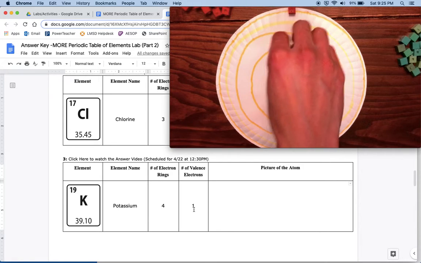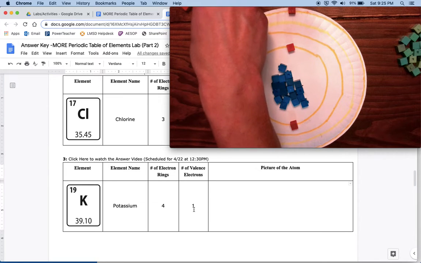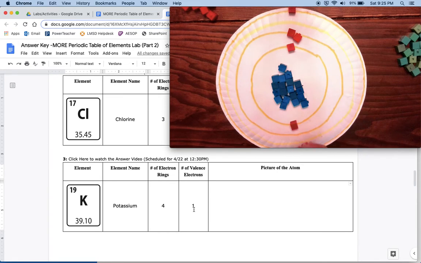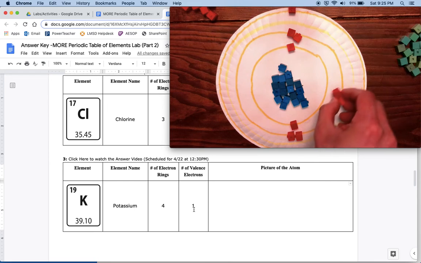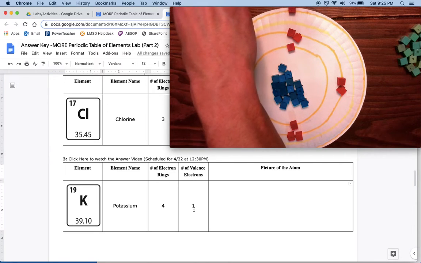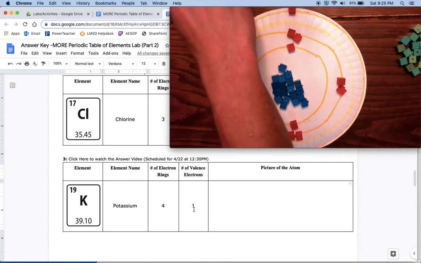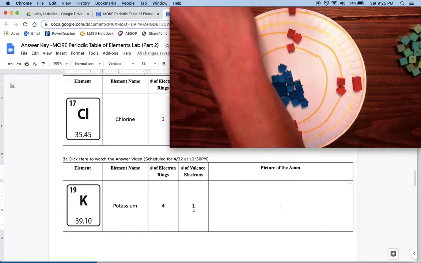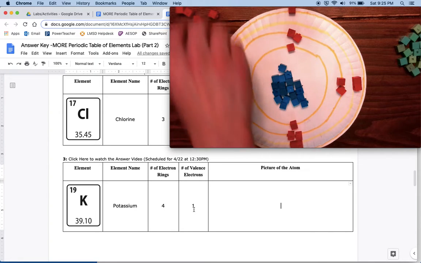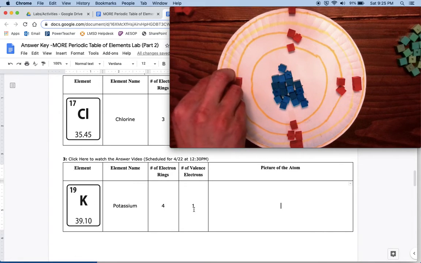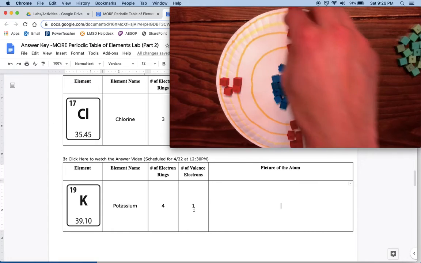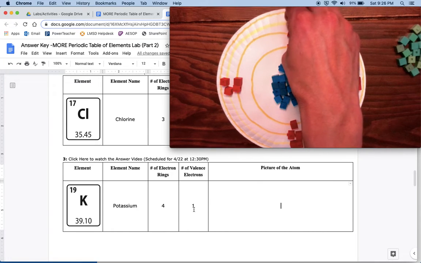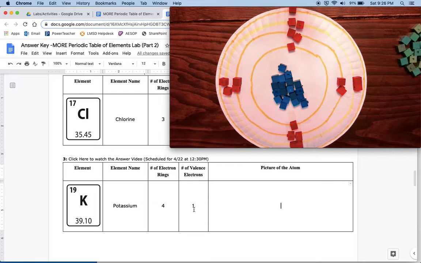So then I have to just fill in all the other ones, right? So I go 1, 2, 3, 4, 5, 6, 7, 8, 9, 10, 11, 12, 13, 14, 15, 16, 17, 18, and then that 19th one is right there.